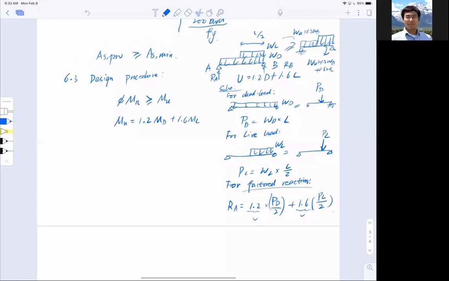You can also start with a factored distributed load. Either approach is fine, but I need to see you use this for concentrated force, and I need to see this diagram for distributed loading.